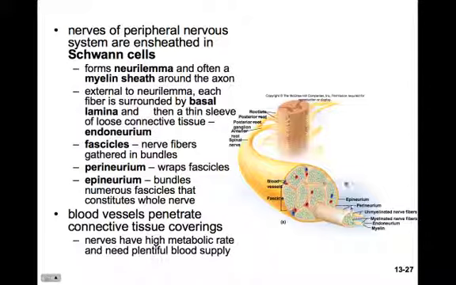And many bundles of fascicles are then held together by an epineurium. The epineurium bundles many fascicles and constitutes the whole nerve. Blood vessels penetrate these connective tissue coverings in order to supply the nerves, which have a very high metabolic rate and need for plentiful nutrient supply.